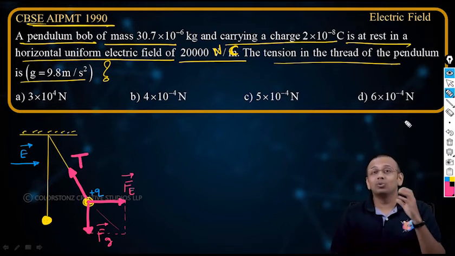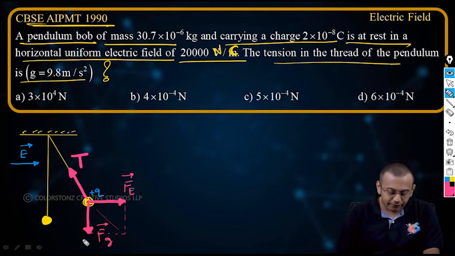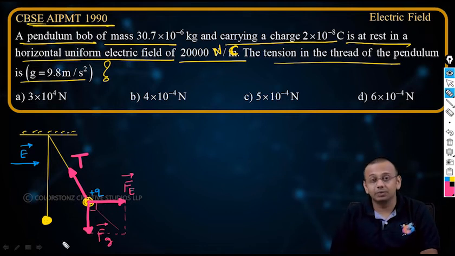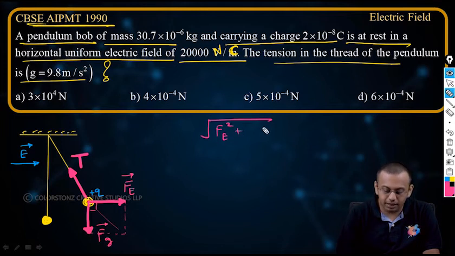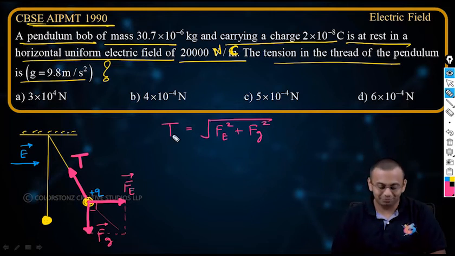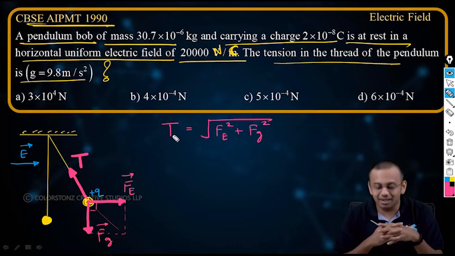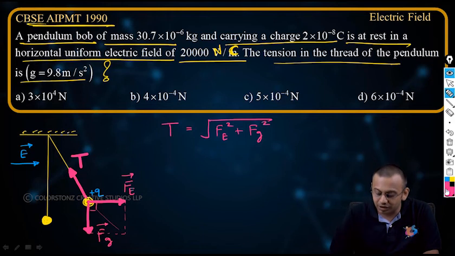Mathematically, if we want to write the value of tension, Fe and Fg are at right angles. So their resultant will be under root Fe square plus Fg square. And we are saying that tension will have to balance this. So the only thing that we now have to do is find these Fe and Fg.